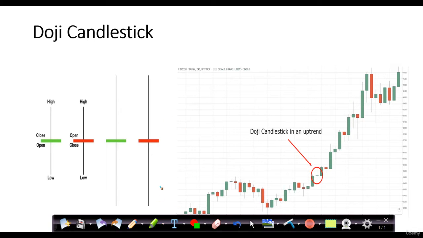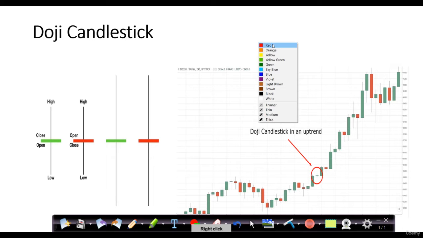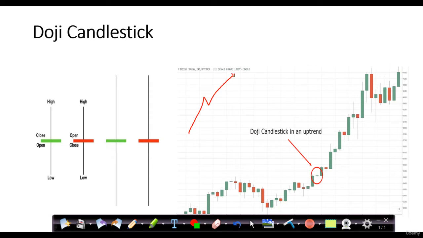Suppose the trend is an uptrend, and in the uptrend you have seen the Doji candlestick. It does not mean that it will go downside. No. In my personal experience, suppose the trend is an uptrend.